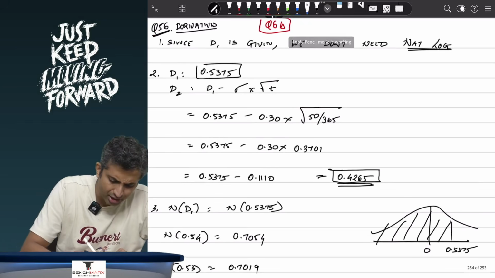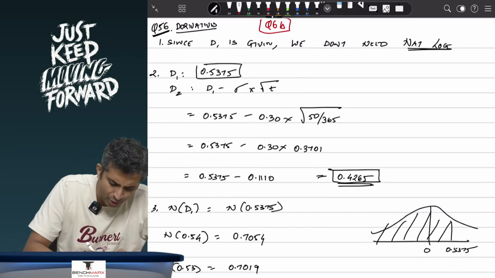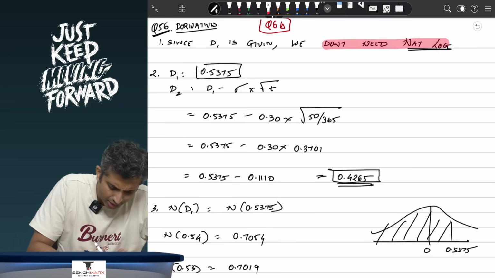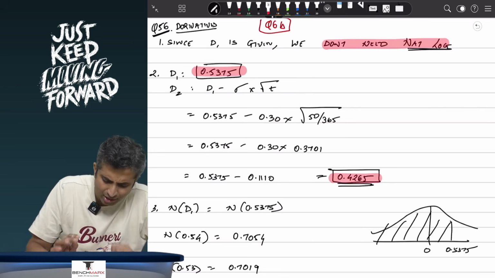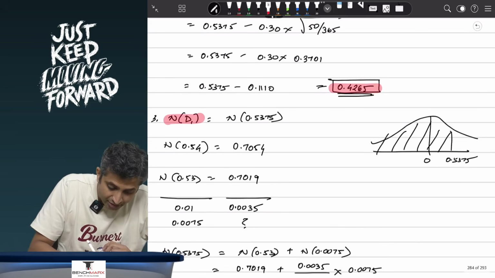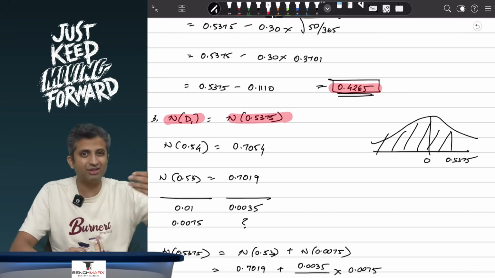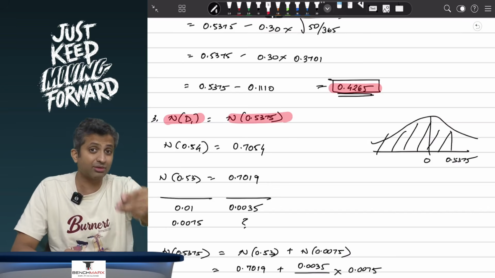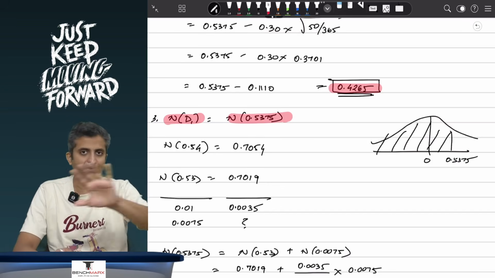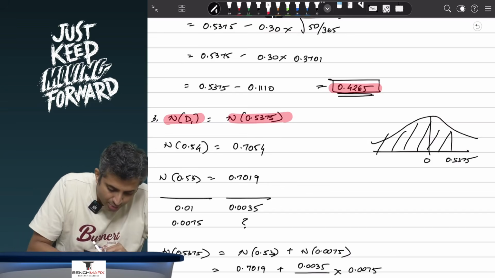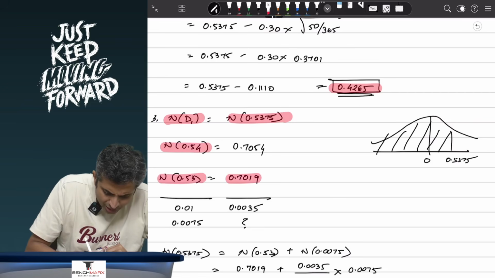So over here, if I look at this particular case, since D1 is given, we are saying that we do not need to find the natural log. D1 is given, from that you will find D2, that is 0.4265. ND1 is N of 0.5375. Now, ideally, we round it off to 2 decimals, that is fine. But if it is given that D1 is 0.5375, we'll have to take the entire value. So this is 0.54, this is 0.53. You are taking these two values.